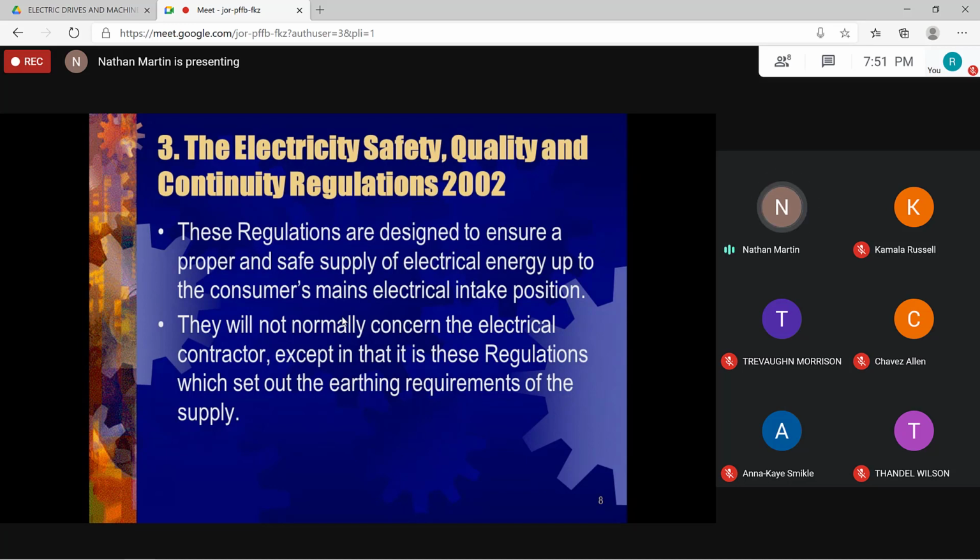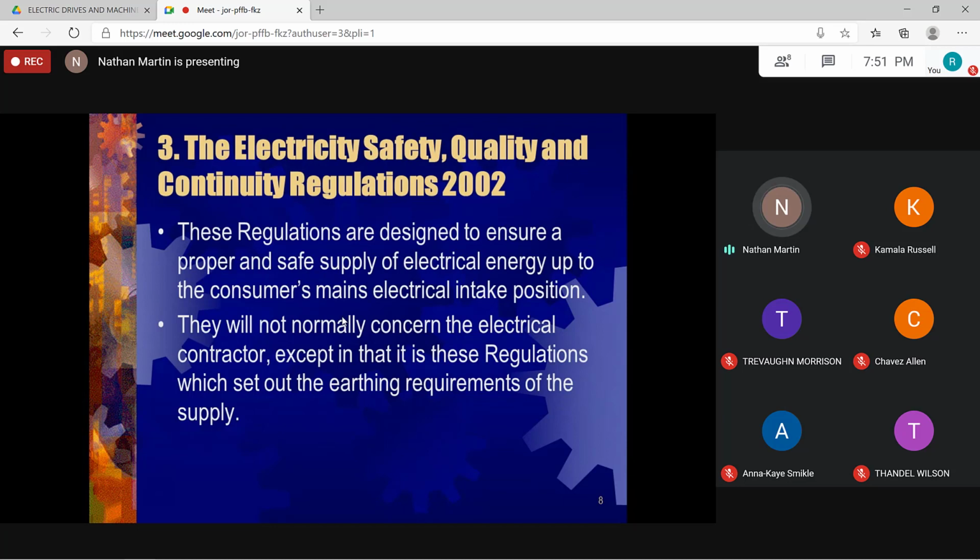They will not normally concern the electrical contractor, except that these regulations set out the earthing requirements of the supply. So in this act, the only way you can blame the contractor is by not having earthing.